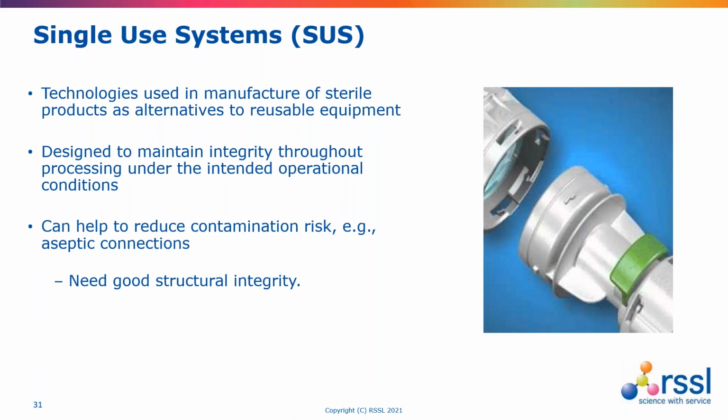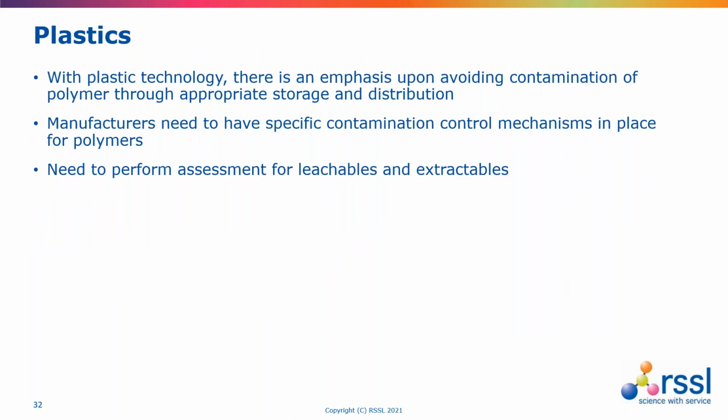And also with the way that polymers are designed as well, particularly if they're going to be subjected to any heat or any damage that might arise from those polymers during the storage periods.